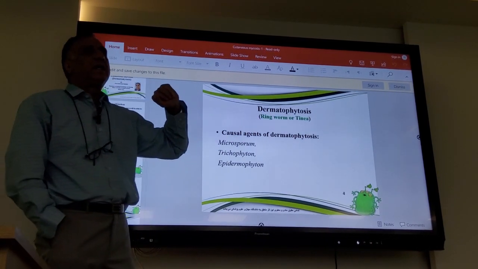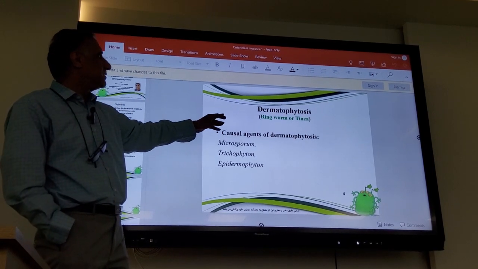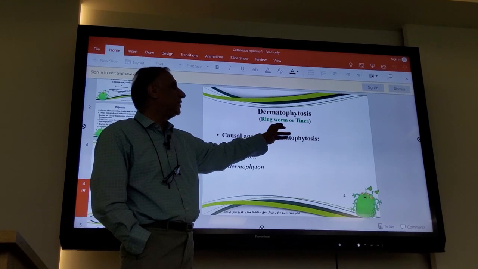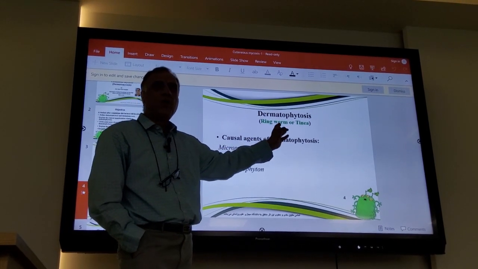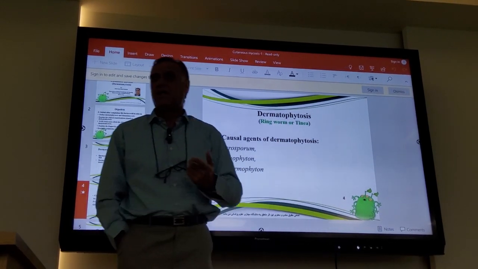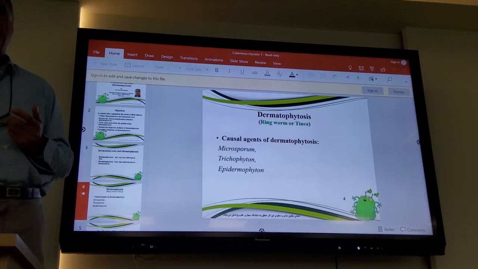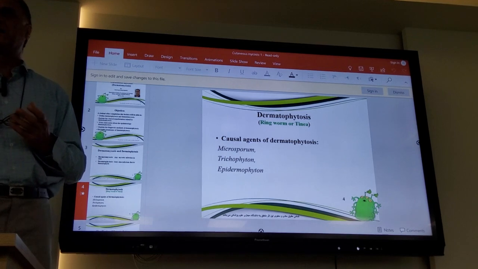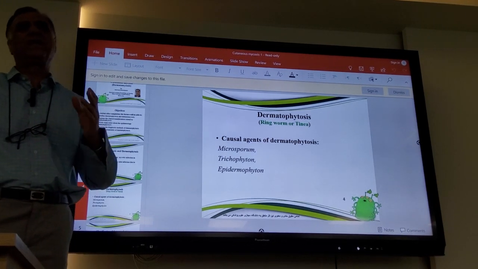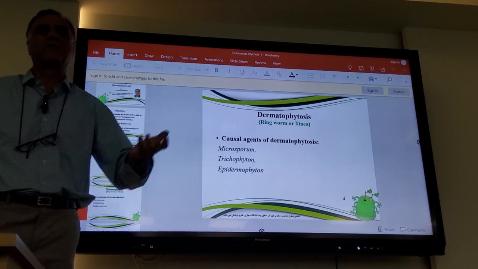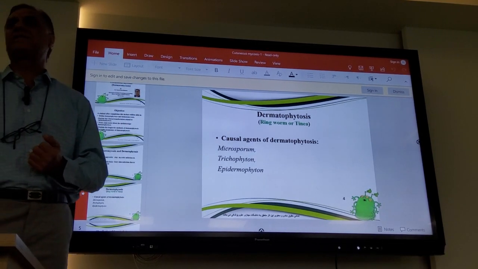Dermatophytosis has some synonym terms like ringworm or tinea. I don't know what the name is in Arabic; you know it in your country, in your language. What is ringworm?